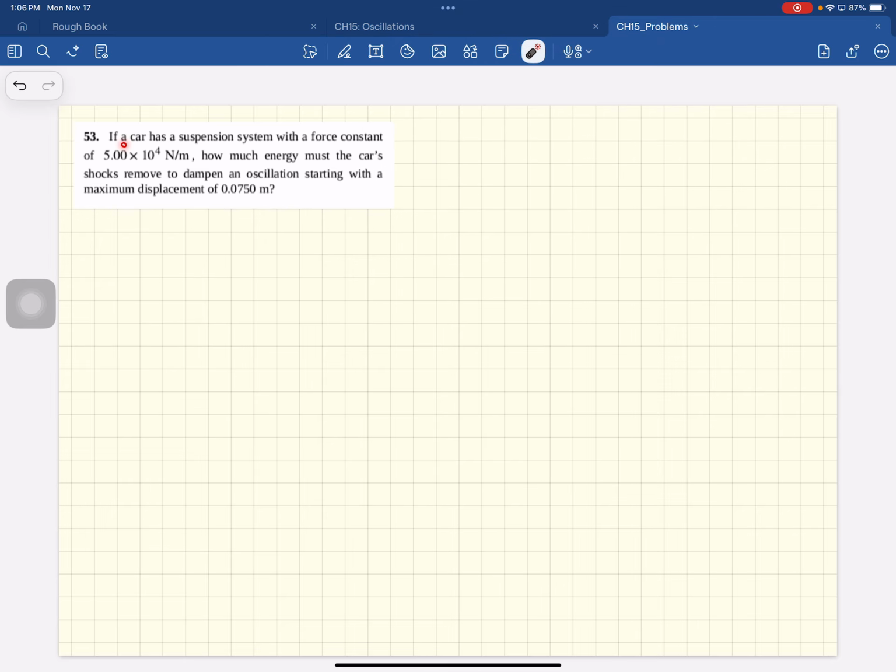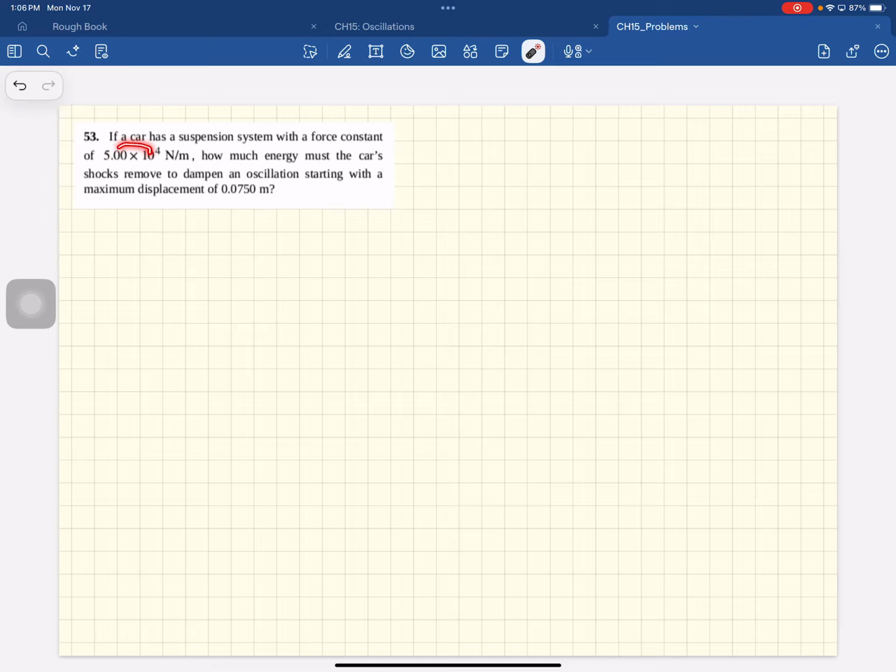So look at this. A car has a suspension system with a force constant of 5 times 10 to the 4 newtons per meter. Essentially, the car's suspension system is 10,000 times stiffer than the spring that you dealt with in your lab. About 500 newtons is your weight.